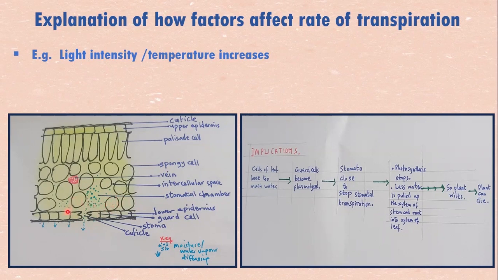They will plasmolyze, and when the guard cells get plasmolyzed, the stoma will close, and when the stoma closes, photosynthesis will stop because carbon dioxide cannot go in. But more importantly, when the stomata closes, more water cannot be drawn from the xylem of the leaf, that's the vein, and drawn from the root, and so the plants will wilt and the plants can die.